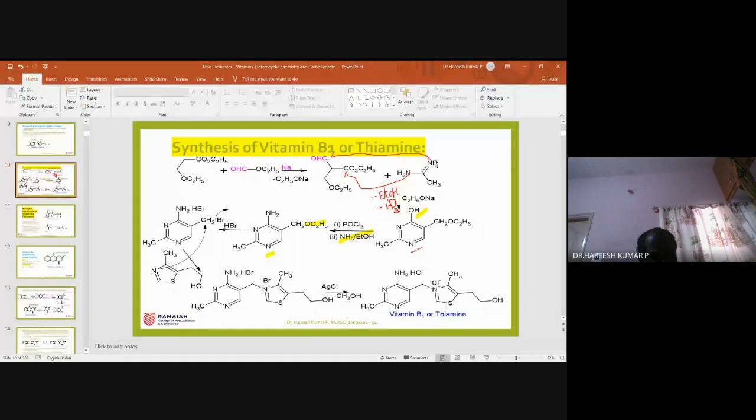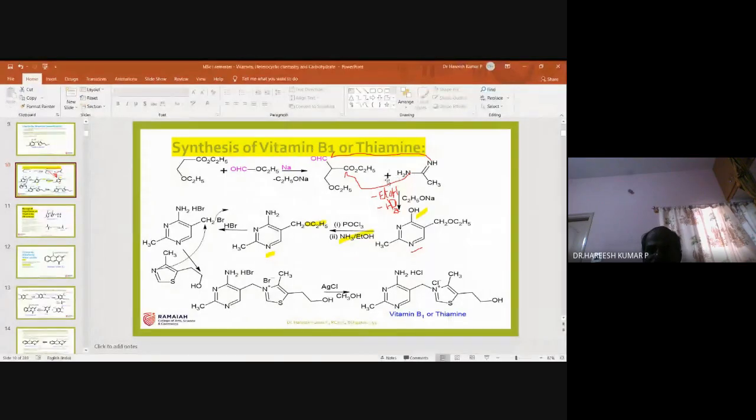Compounds containing this functional group, NH2 C double bond NH, are called amidines.